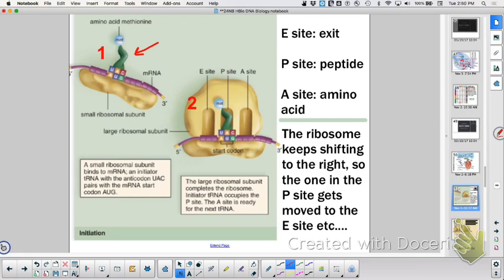Now look right here. What are our 3 sites we have right here? A, P, and E. So the next guy is going to land here, and then as this ribosome moves this way, he will dump methionine off onto the new guy, and because it shifts, then he will be put into the E site for exit. And this will keep going and keep going.